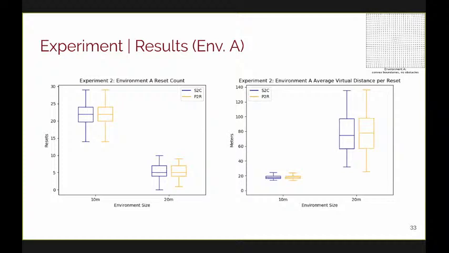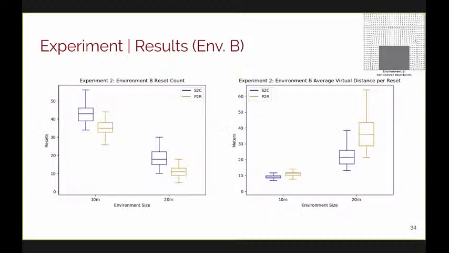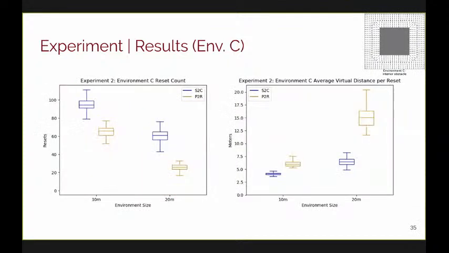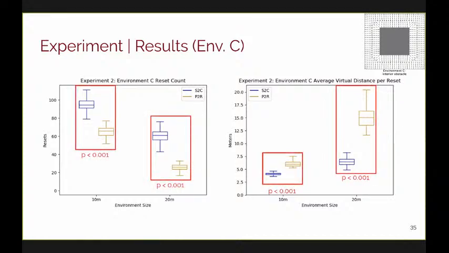And here, higher is better. For environment B, that was the non-convex boundary, steer to center was shown to perform significantly worse than push-pull reactive for all cases. And for environment C, which had the interior obstacle, we had the same results.